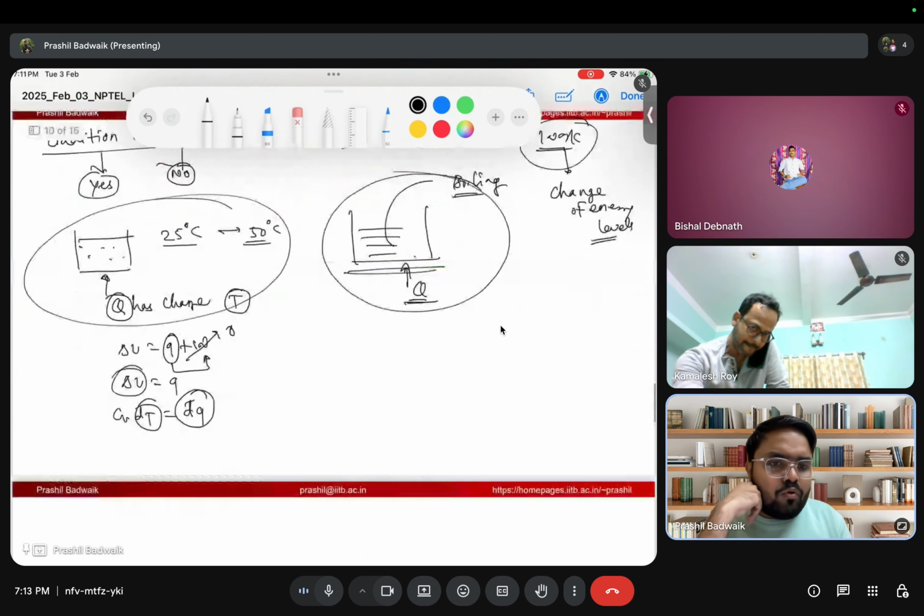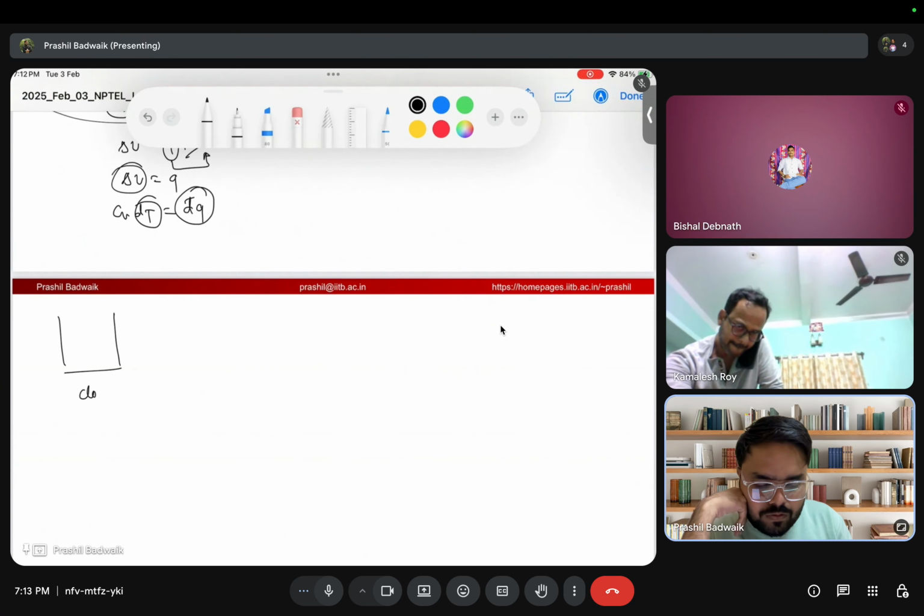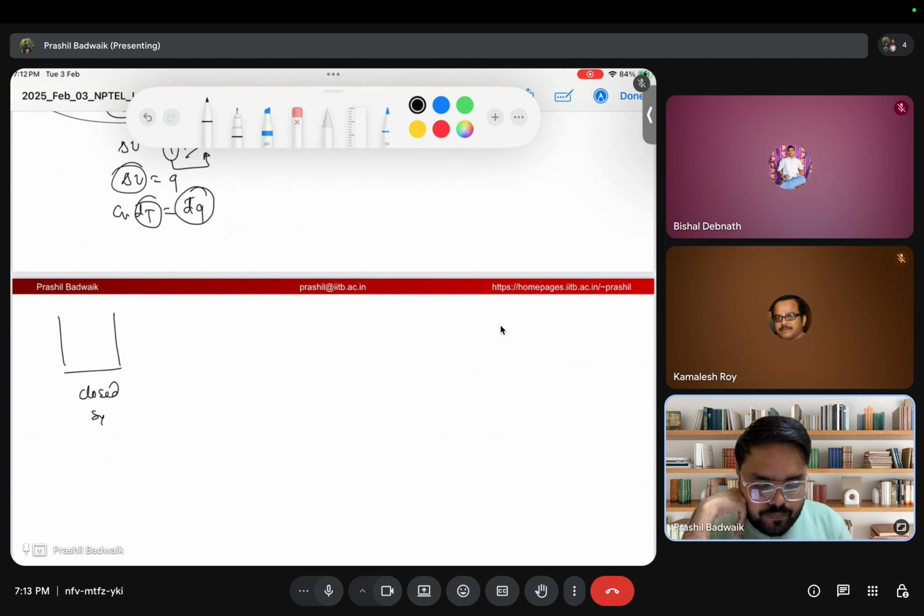Correct. So whenever I was talking about, for example, this system where it is a closed system, number of particles are constant, volume is constant, temperature is constant, where there is exchange of energy. Exchange of energy means constant temperature, right? Volume is constant, number of particles are also constant.